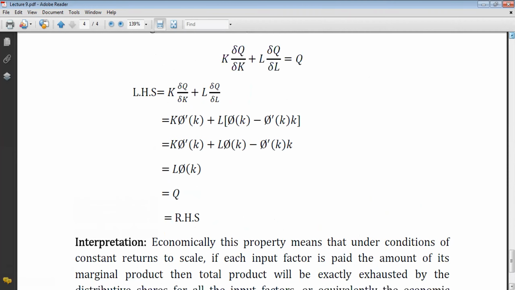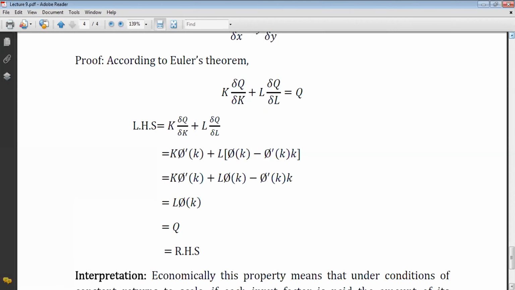Can you tell me what is the average physical product of labor? What is the degree of homogeneity of APPL and APPK? One, ma'am. Yes, the linearly homogeneous production function's degree of homogeneity is 1.